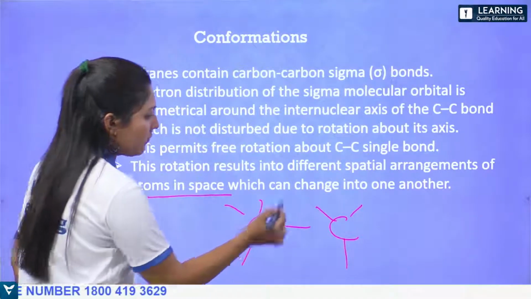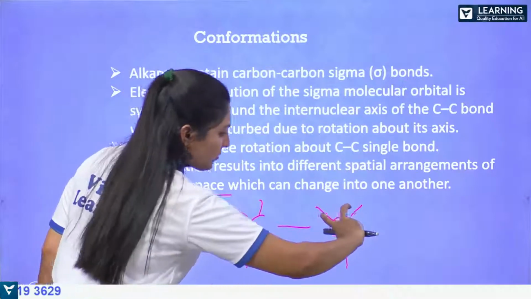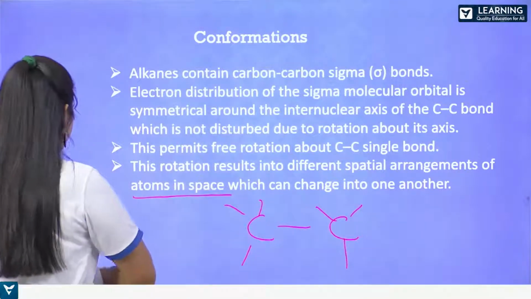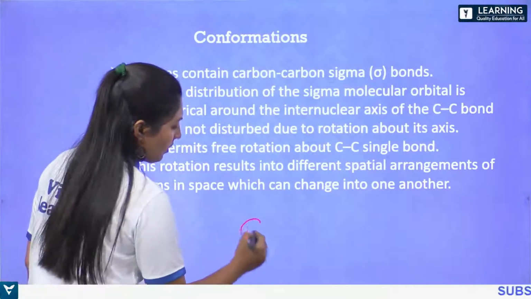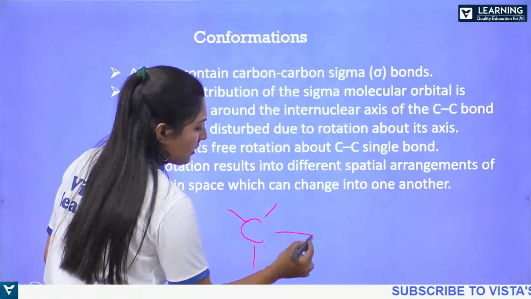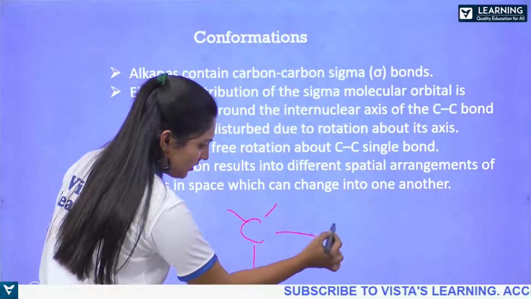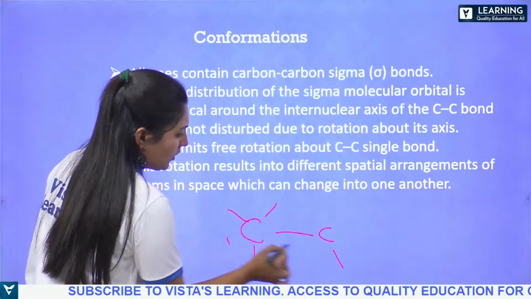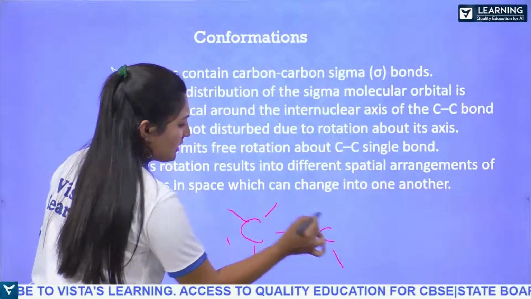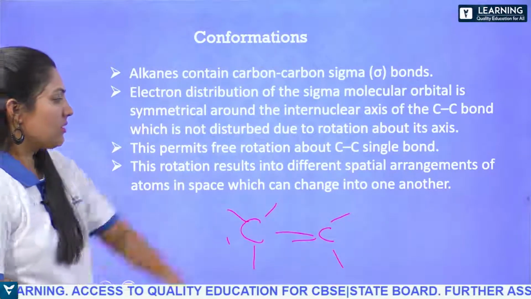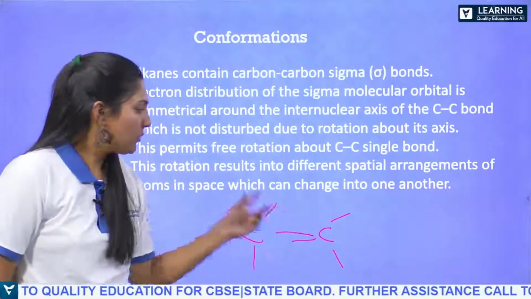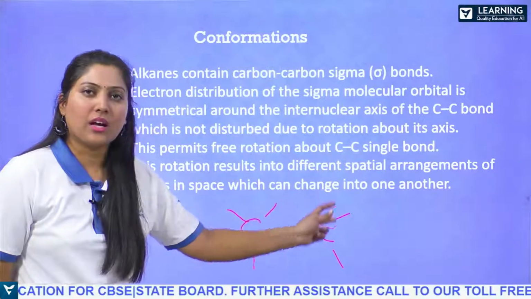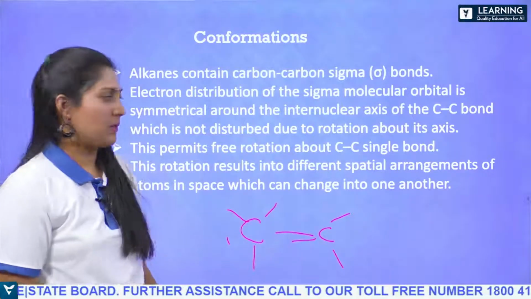What happens at that time? One keeps on rotating, so the hydrogen which is present here will come down, the one present here will move up, and the one present here will come like this. They keep on rotating. So the hydrogen spatial arrangement also differs.